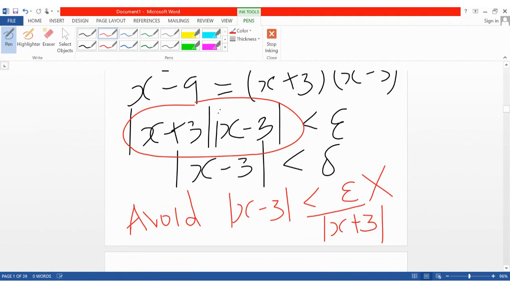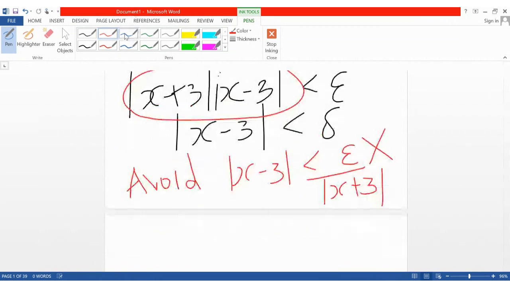On the denominator, we have epsilon over the magnitude of x plus 3. That is not a constant. We must make sure that this is a constant, not a function.